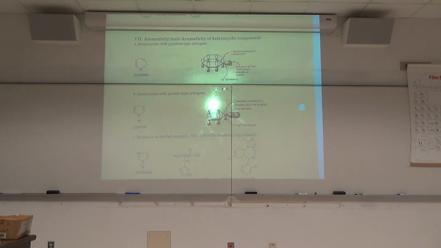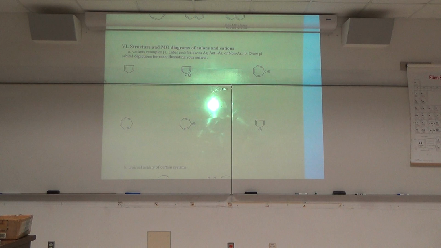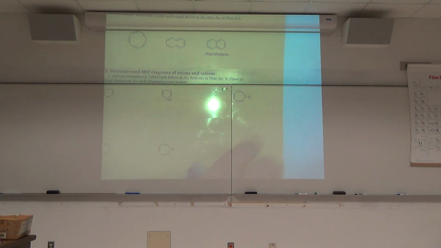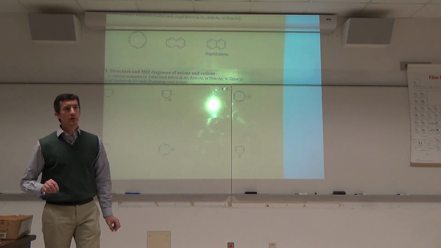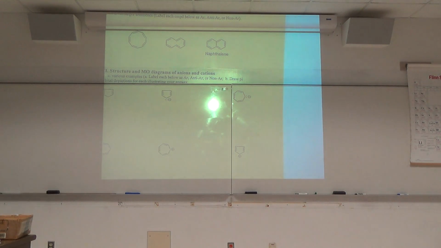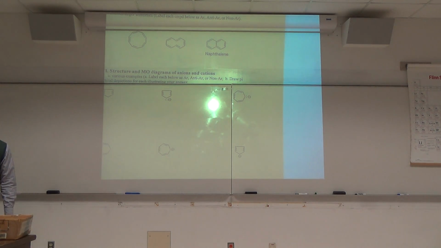Okay, let's go back and do an MO diagram of one of these guys over here. Of the 4 ions, which one do you want to do an MO diagram of? Middle bottom?